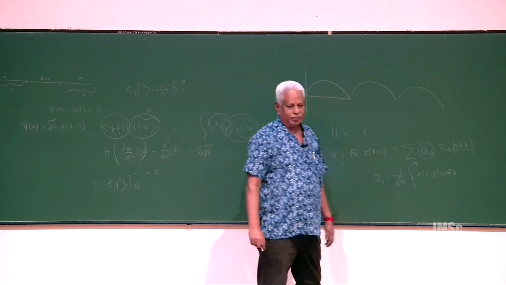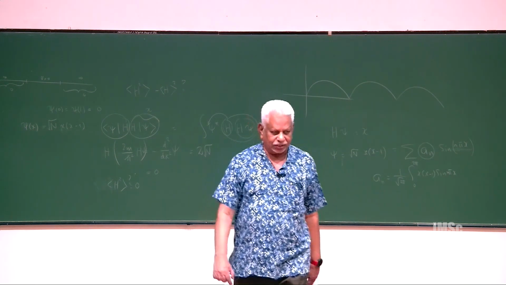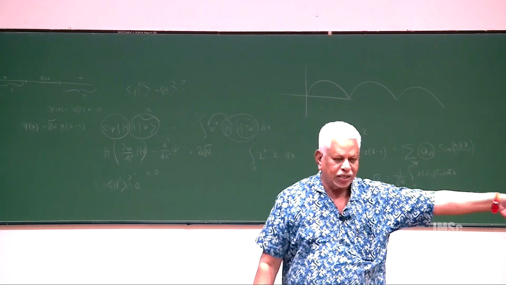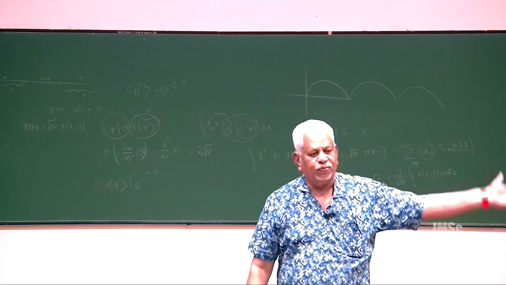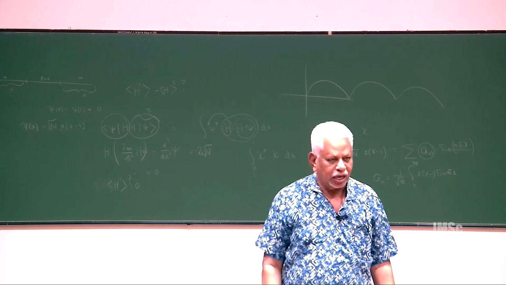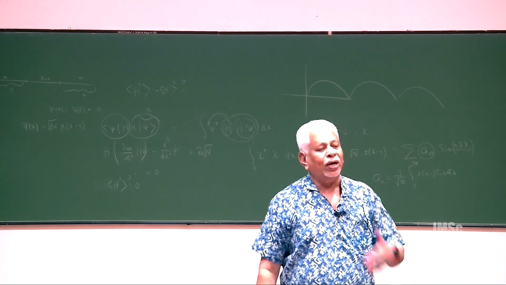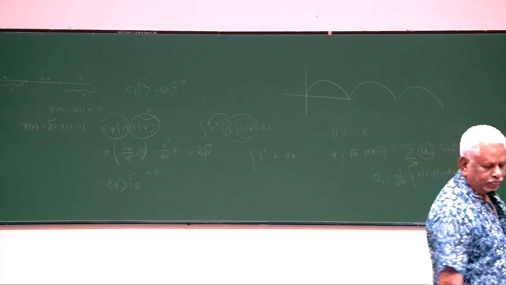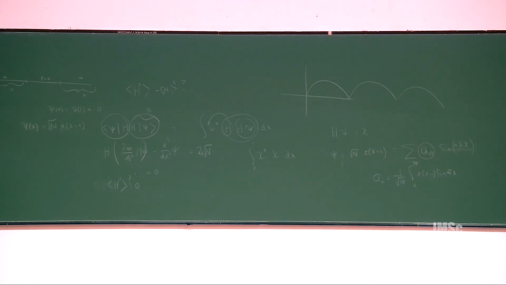This is that integral. You have to integrate that function f of x multiplied by sine n pi x, integral from 0 to 2 pi will give me that coefficient an. You find all the coefficients. All the coefficients will be non-zero. How many coefficients will be there? All infinite number of coefficients.